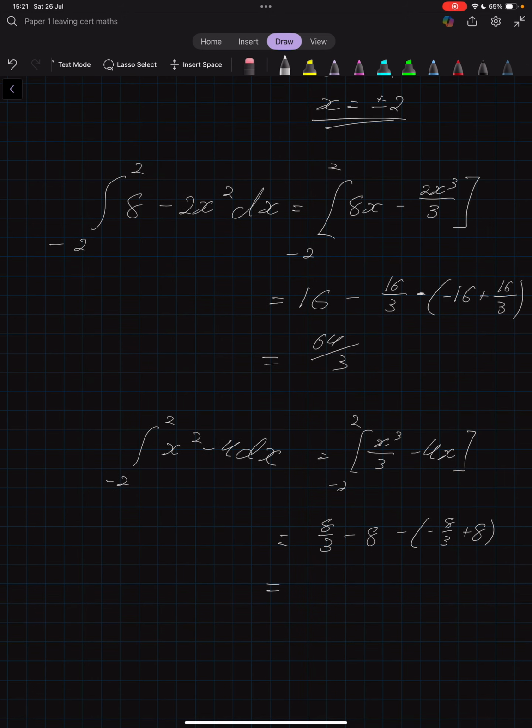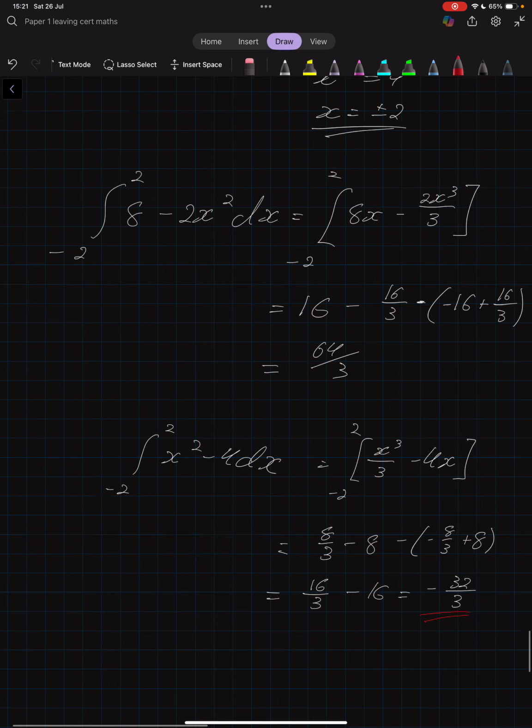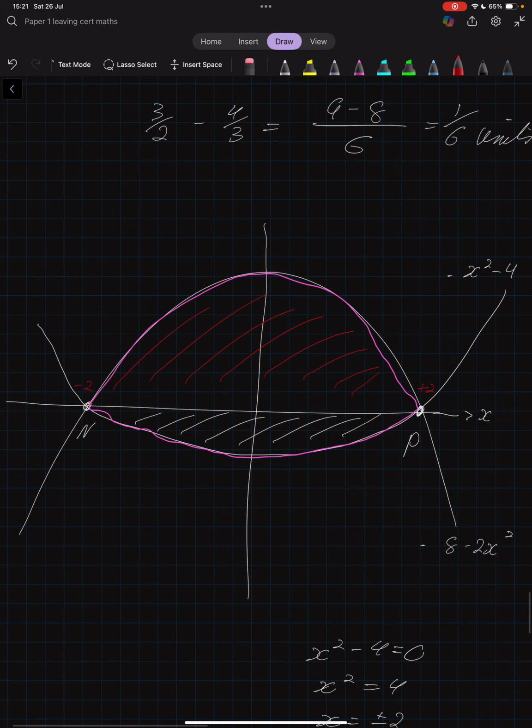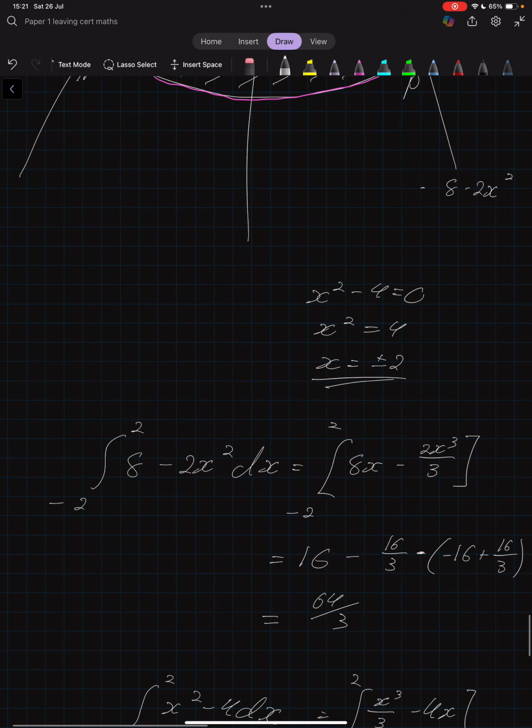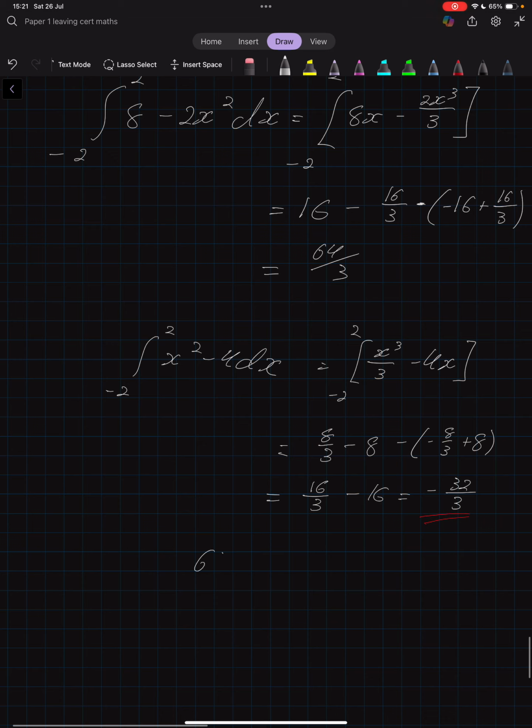This is going to be 16 over 3 minus 16, which is minus 32 over 3. Now remember, this has come up as minus because we are below the axis. So it's just going to be 64 over 3 plus 32 over 3, which is 32 units squared. Okay? And that's that.